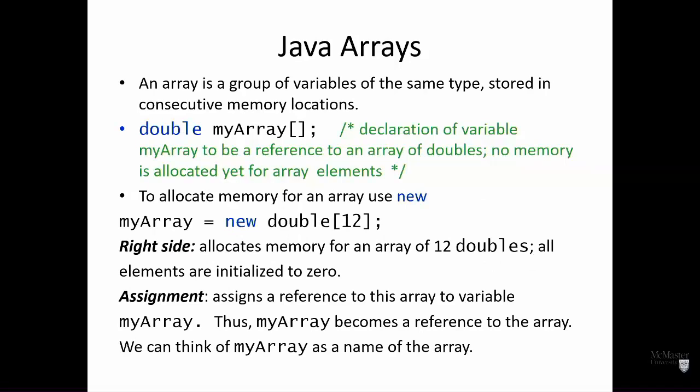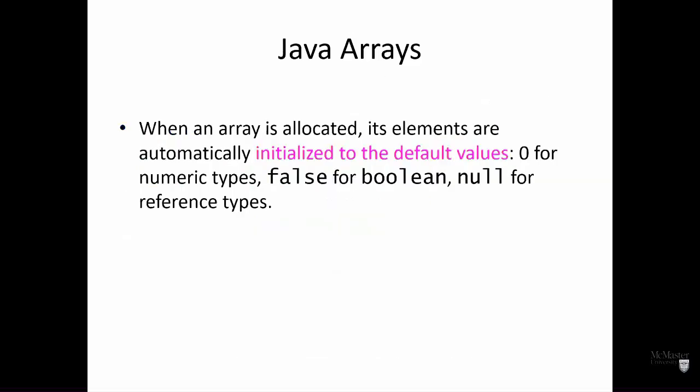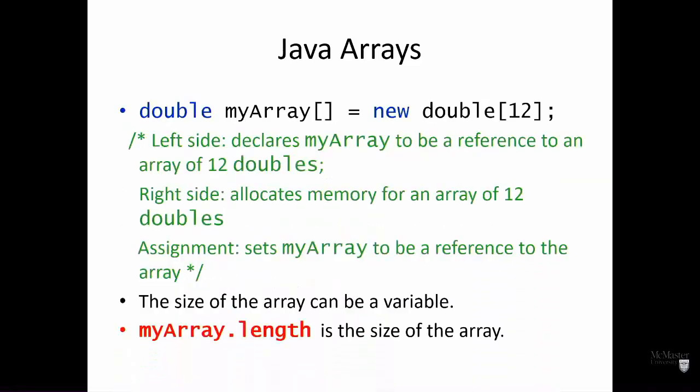Everything in Java is an instance of classes, right? So even when you define an array, it's an object or an instance of a class of the arrays, right? That means it has its own member functions and member variables. One of these members is the length, right? Which is myArray.length gives you the length of the array. So in the case of the 12 that we defined here, the length will be 12, right?